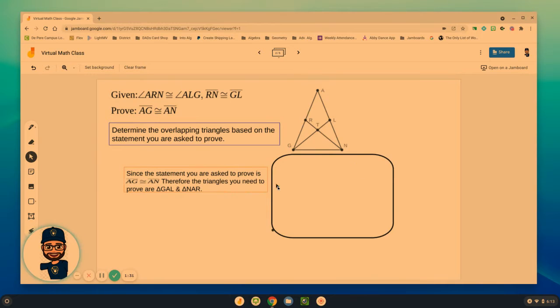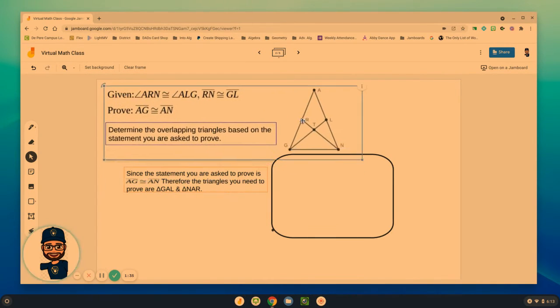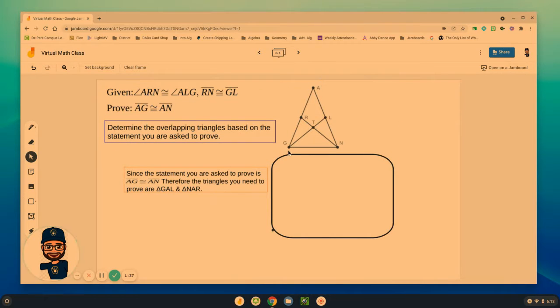AG and AN. Notice I don't want to go all the way over here to N because that would give me this whole big triangle. So A to G to L is one of my triangles that I need.